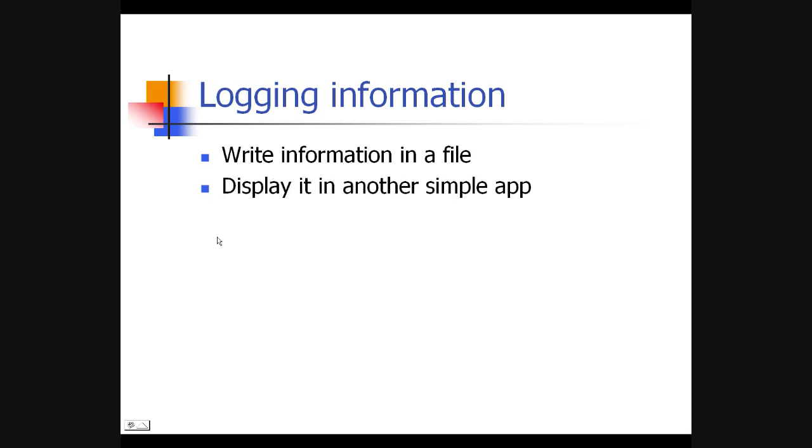The last way of managing information that you have to extract from your program is to log it. You're going to write information in a file, and you're going to display it in another simple application. You could use Notepad to do that, but the problem is that when you add information in your main program, you will not see it in Notepad.